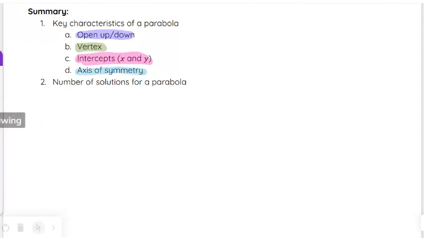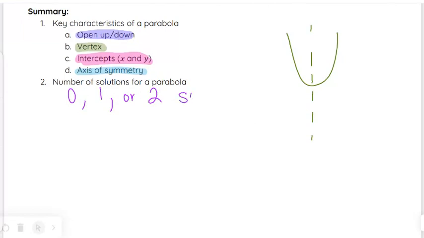And then our axis of symmetry running down the center of any parabola. All right, and finally, the number of solutions. Remember, we talked about there's either going to be 0, 1, or 2 solutions to a parabola, meaning the place or places where the graph crosses the x-axis, or in the 0 solutions scenario where it doesn't cross at all.